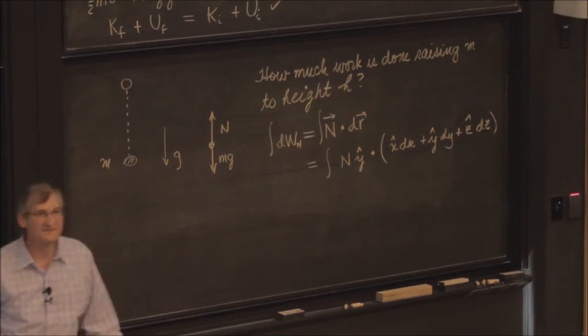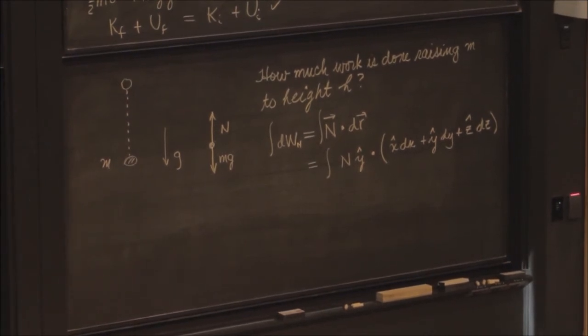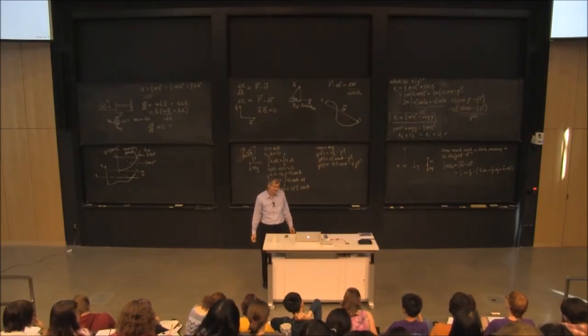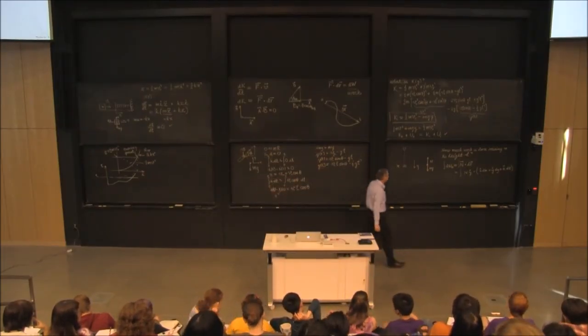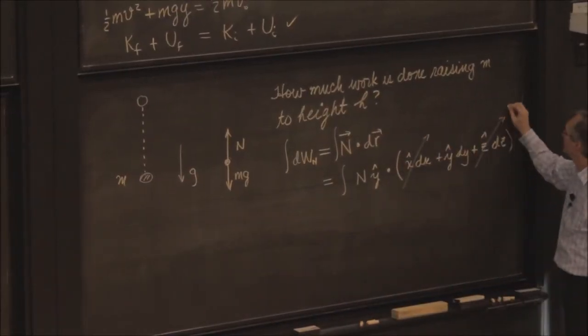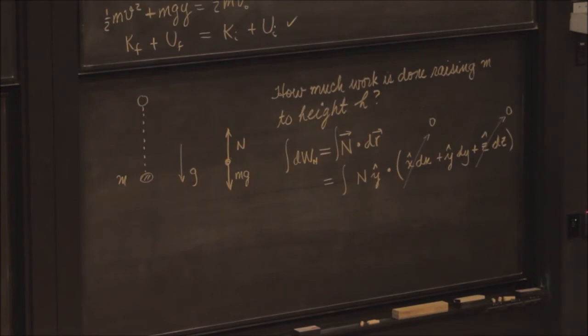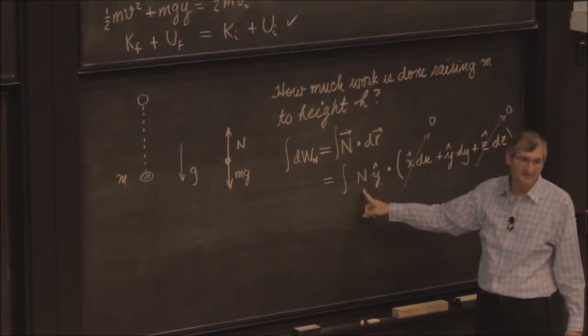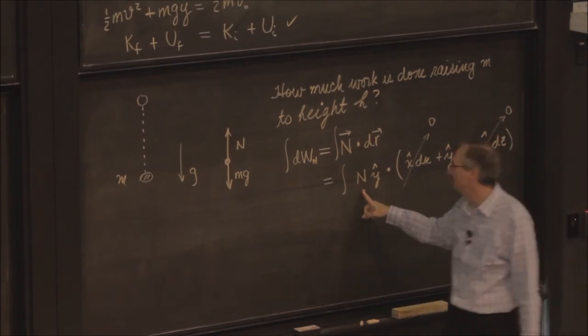So that looks like I have 3 integrals to do, except that having lovingly chosen a sensible coordinate system, 2 of them die. The dot product kills those, and I'm left with, well, I can even pull the N out of the integral because it's just a constant.